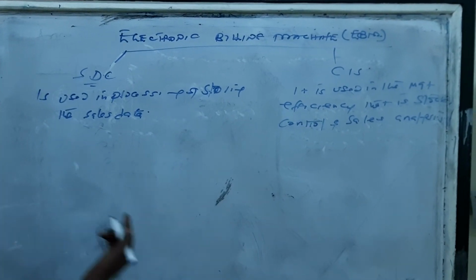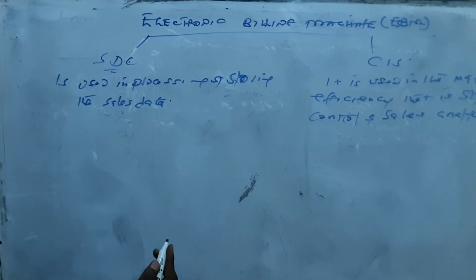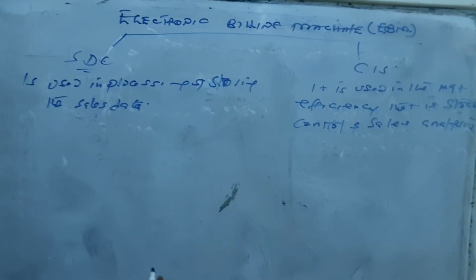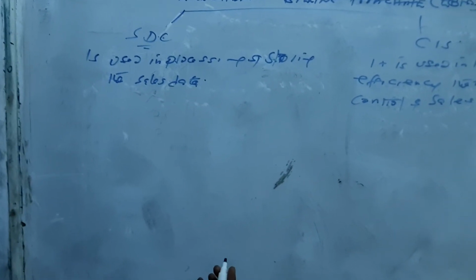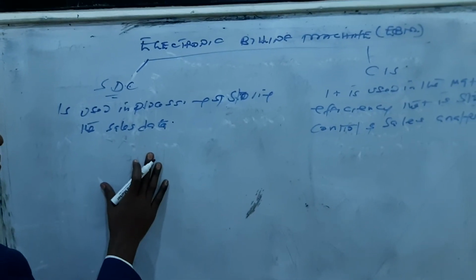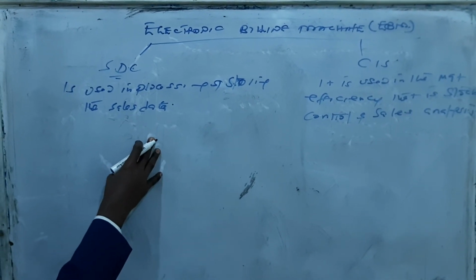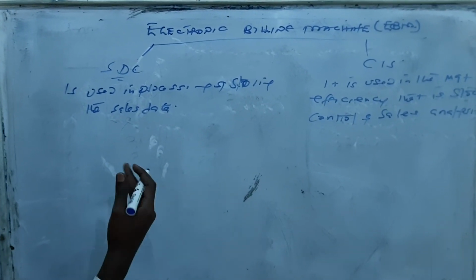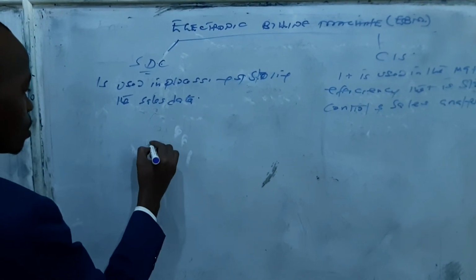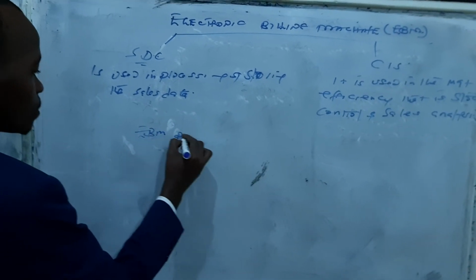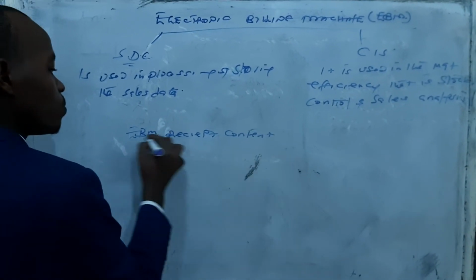From here we need to look at the requirements for the EBM. To have the EBM, you need to issue the EBM receipt. So we need to know the contents of the EBM receipt.